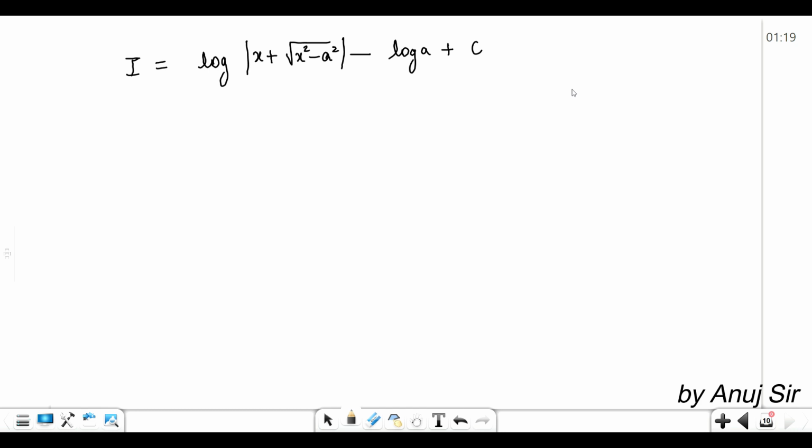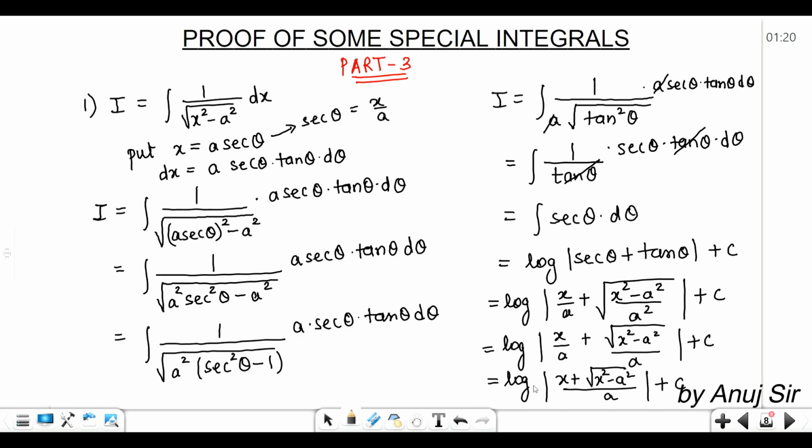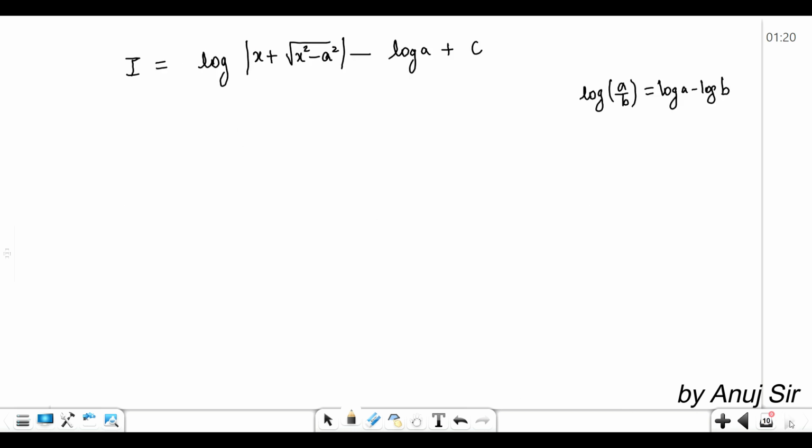We have applied the formula log of a upon b, which is log of a minus log of b. In the numerator we had this, and in the denominator we had a, so we can write log of numerator minus log of denominator. Since c is a constant and a is also a constant, after taking the log that also becomes a constant. So overall this whole thing comes out to be a constant.